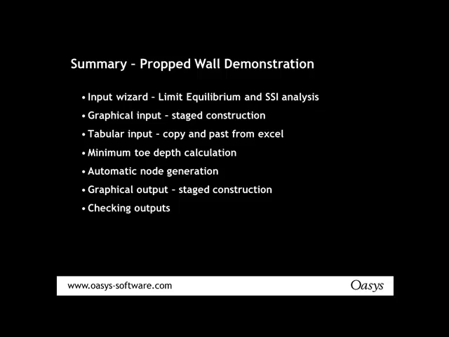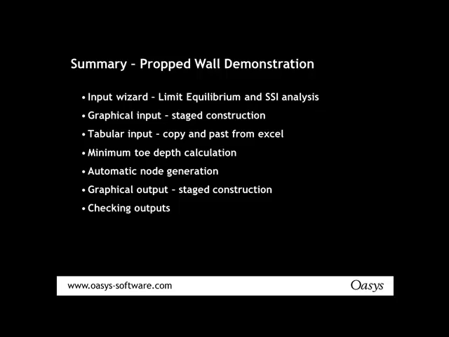And just to summarize, for the prop wall demonstration, we've covered the input wizard for the soil structure interaction analysis. I've covered a little bit more detail about graphical input using the staged icon to get the staged construction. Tabular inputs, I mentioned copying and pasting from Excel. I've also shown you how to use some shortcuts, the equals, and for example, using defaults.